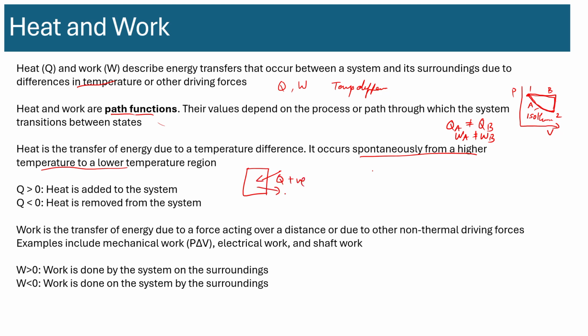Heat leaving the system is negative, okay, and it's the opposite for work. If there is work done at the boundary, something is pushing it down, then that work is negative. Like if you're pushing a piston out at the boundary, then the work is positive, okay.